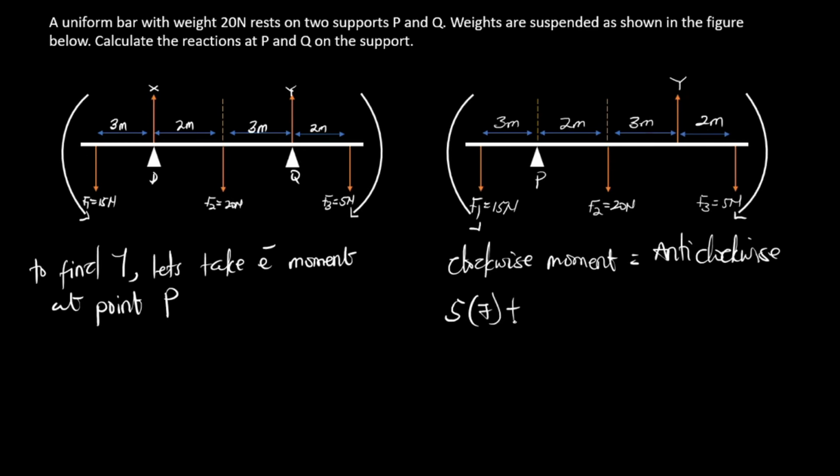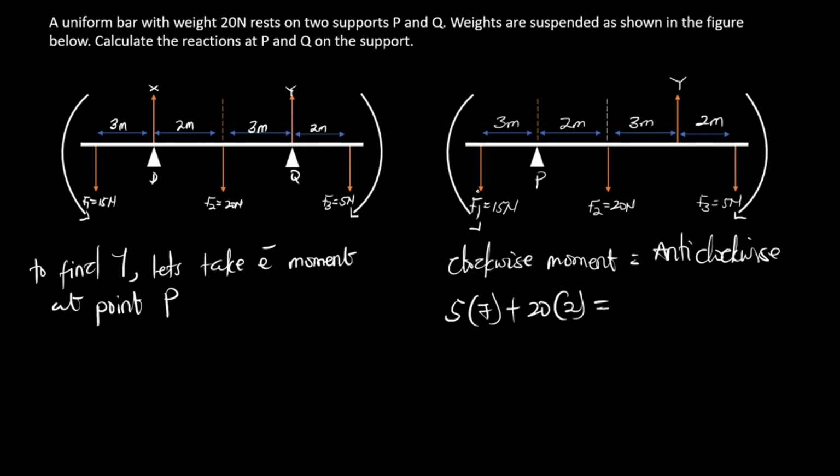Then plus, if we look at the force 20 over here, we can see there's a distance between this force and this pivot, and it is in the clockwise direction, so it also counts. So we have 20, and the distance between the force 20 and the pivot is 2. Then we equate these two.